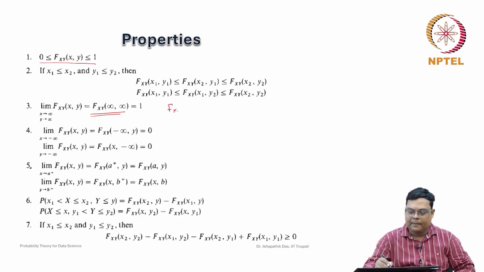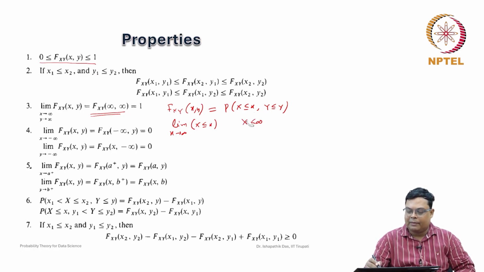So, what is F_XY of (x, y)? This is nothing but the probability that X less than or equal to x, Y less than or equal to y. Now, if you take the limit as x goes to infinity, what will this set be? Because x goes to infinity, it is equivalent to saying X less than infinity.